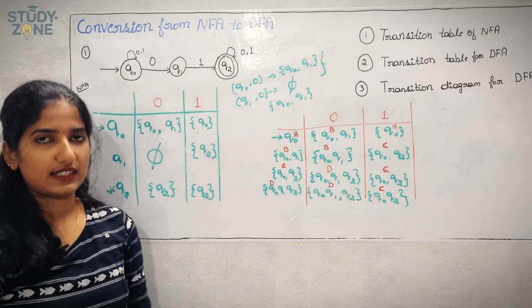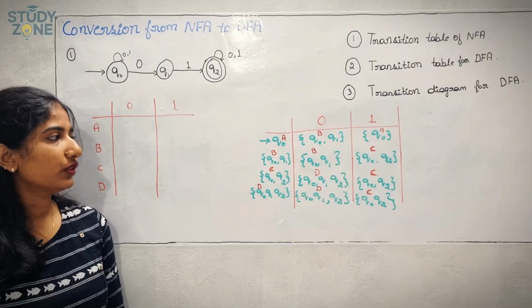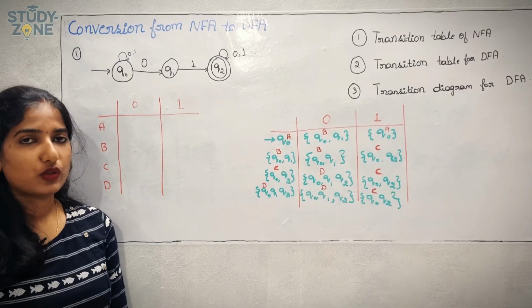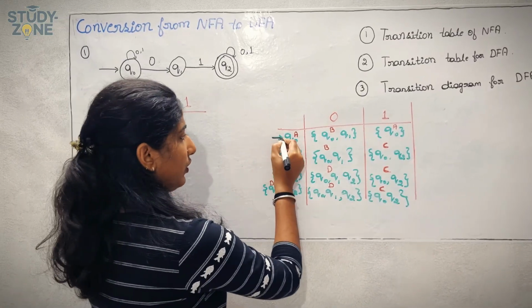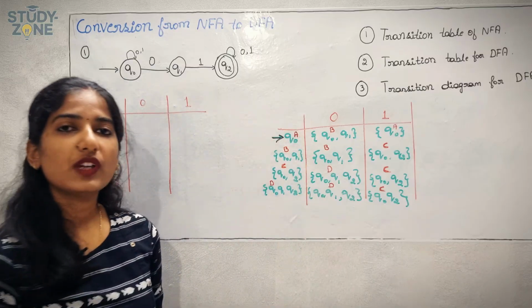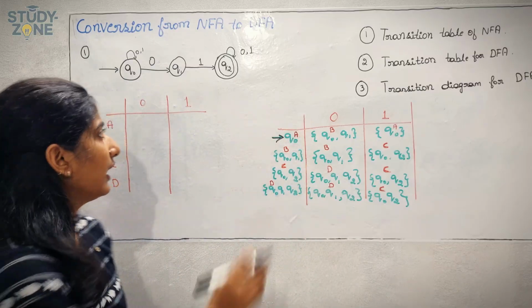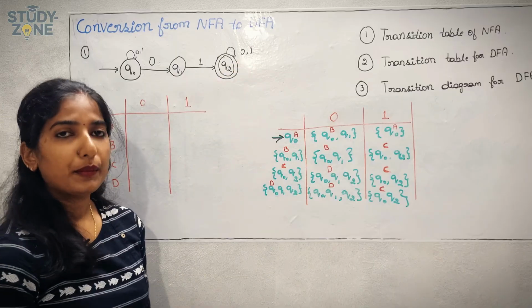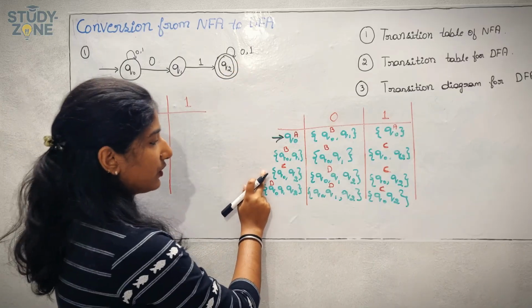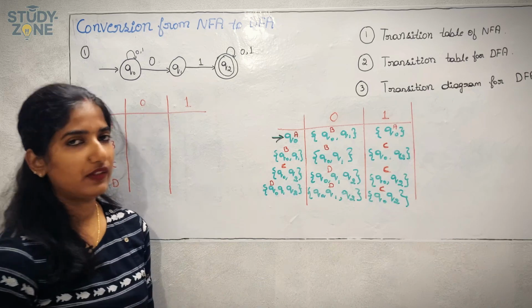Now I will tell you the next step, okay? Here one more thing to mention, that is Q0 will be the starting state. That's not an issue, right? But which one do we have to select as final state? Here Q2 is a final state. But in our transition table, this one is also having Q2, this one is also having Q2, right?